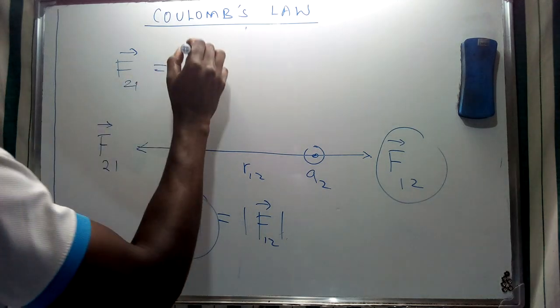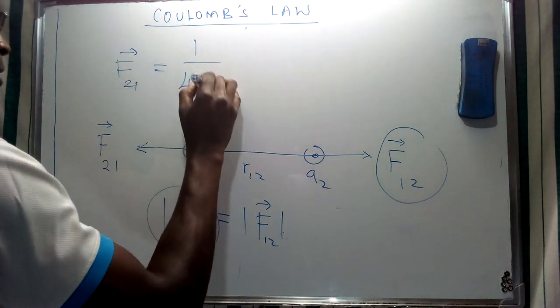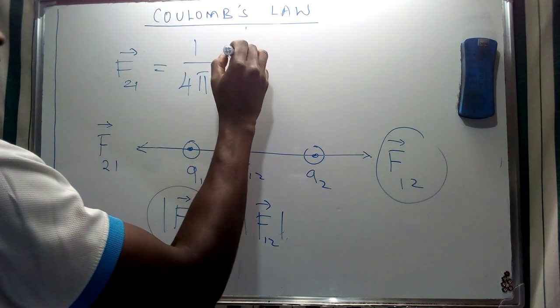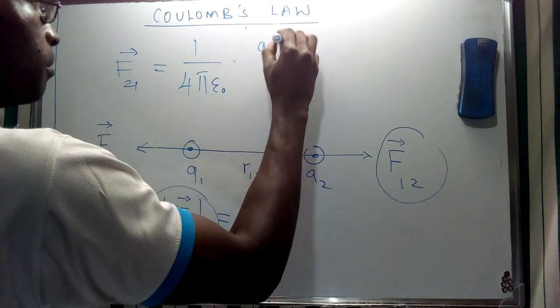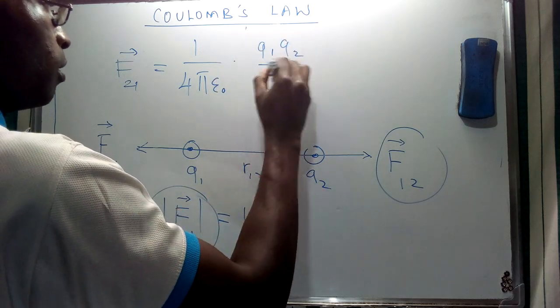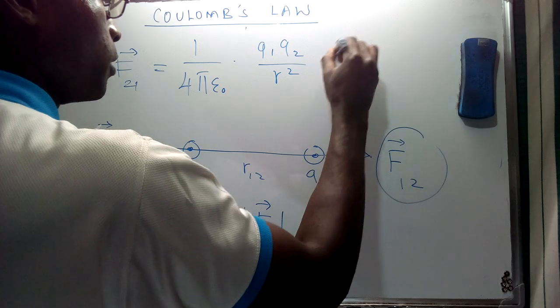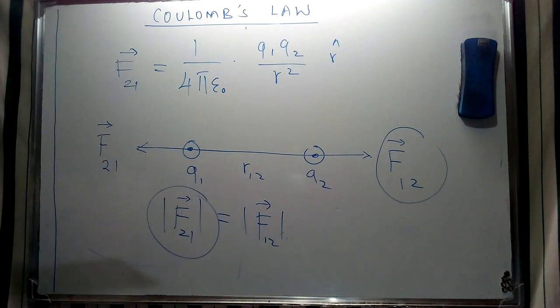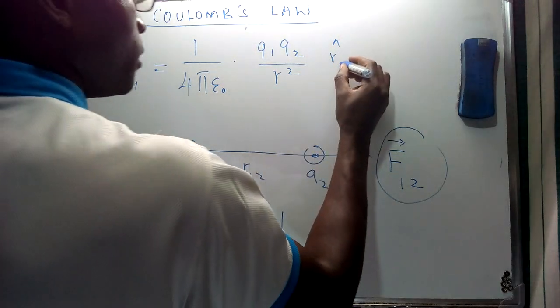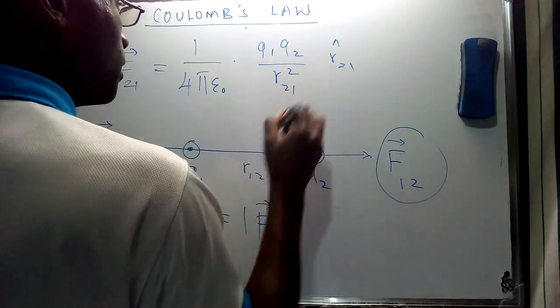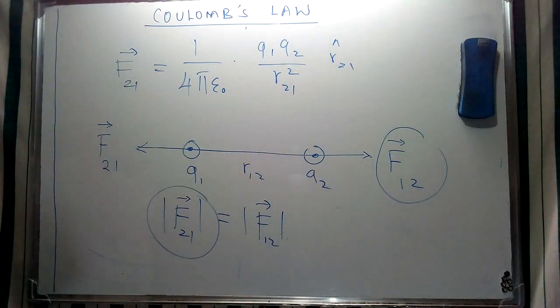This is also represented as the value for K, and then a product of Q1 Q2 over R squared. And then we're going to have that specific vector, which represents what we refer to as the unit vector, and this is the distance in reference to 1 for that specific radius.